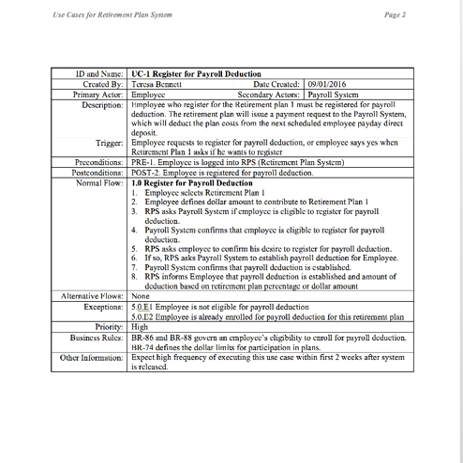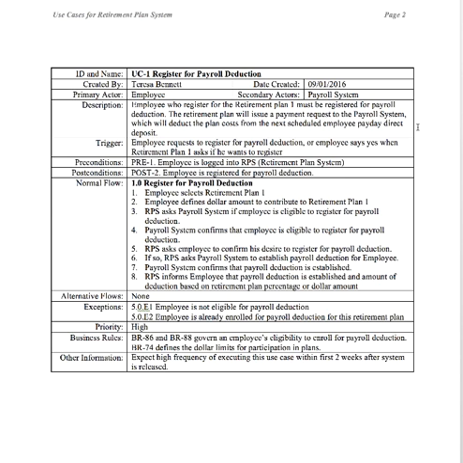Now I want us to take a look at this a little bit more closely and see where we might have some missing information or some questions or other things that might need to be thought about. So let's go back up to the description for our use case. We have in the description that an employee who registers for retirement plan 1 must be registered for payroll deduction.